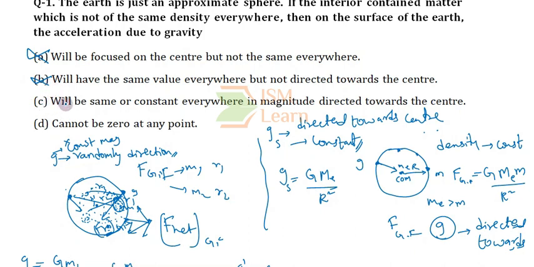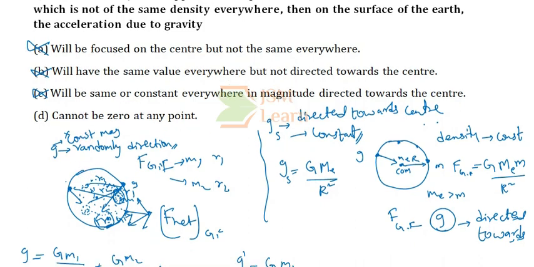Option C says the acceleration due to gravity will be constant everywhere in magnitude and directed towards the center. It is also wrong, because at different points its direction is not towards the center. It is directed randomly in different directions, and its magnitude is also not constant. Option D says that acceleration due to gravity cannot be zero at any point on the surface of the earth.